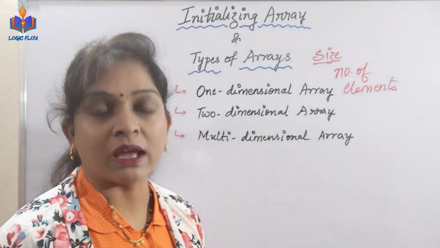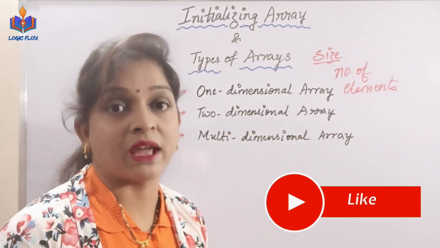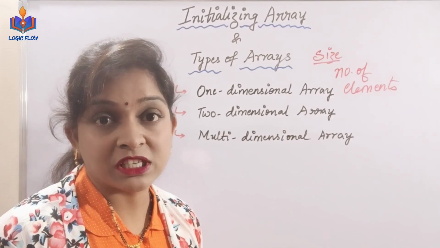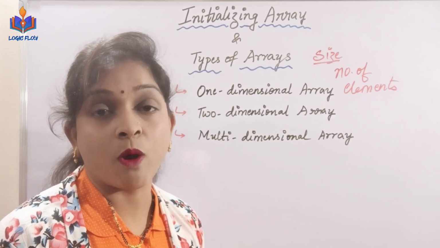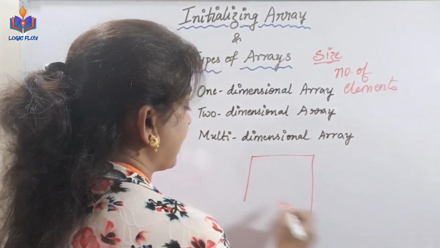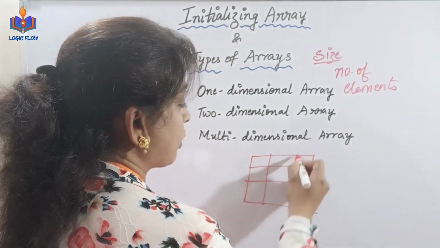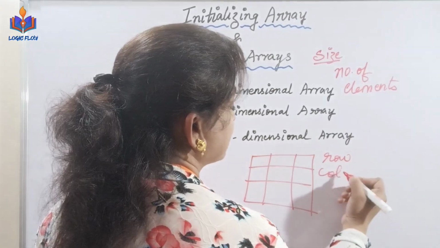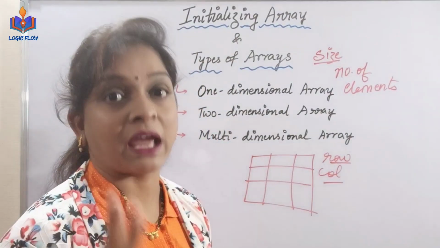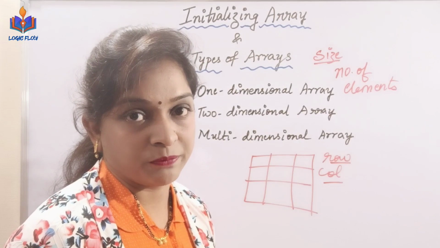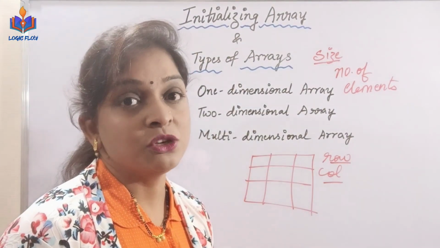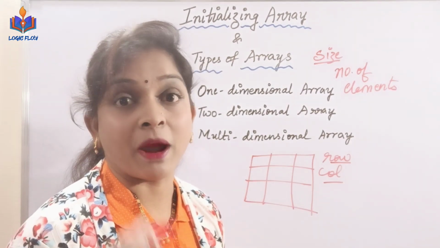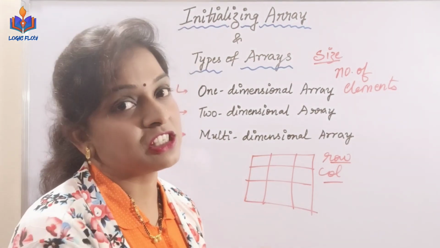Then talking about the two-dimensional array, here we provide two dimensions. Where do we use a two-dimensional array? When I want to represent my data in the form of rows and columns, in the form of a table. When I have many rows and many columns, I need to provide two details: one is the row value and the other is the column value. So two dimensions I need to specify. Especially to represent matrix form of data, I use the two-dimensional array.